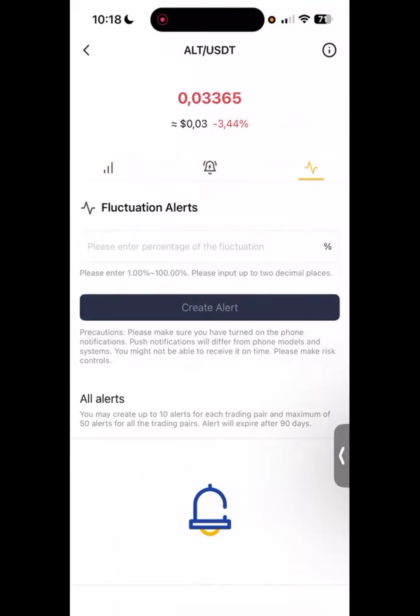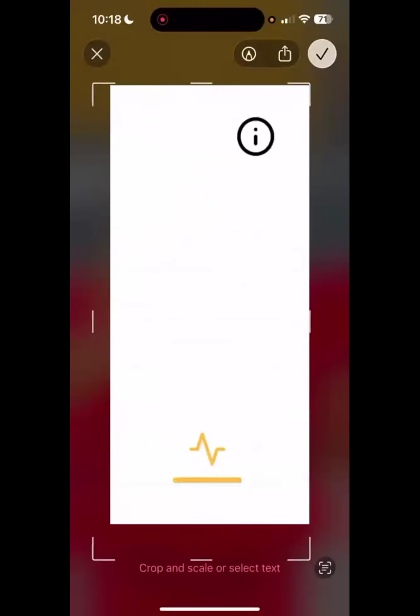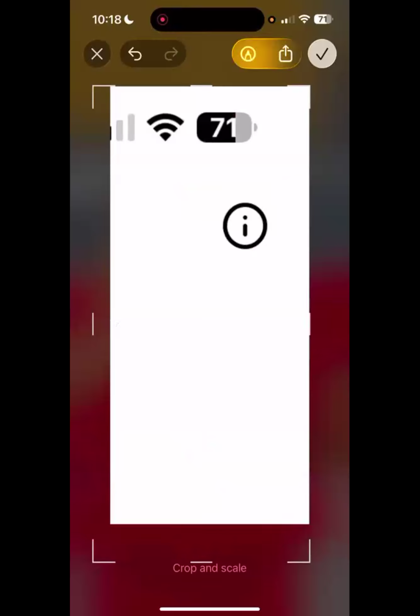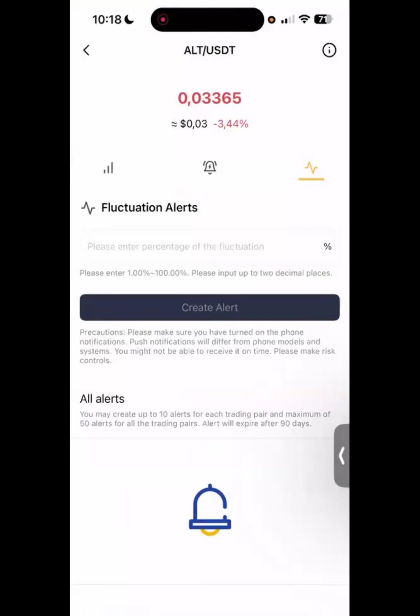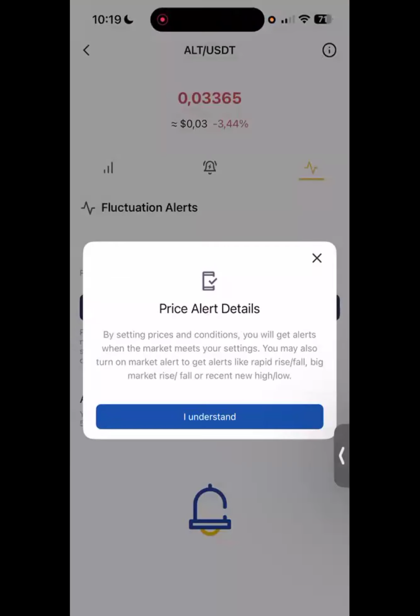So you create it. Now, when you tap in the corner here, I always tell you if you see I being circled, it stands for information. So it means they are trying to inform you about something here. If you don't know, you are curious like me, tap on it. Then you would see, oh, okay, price alert details.